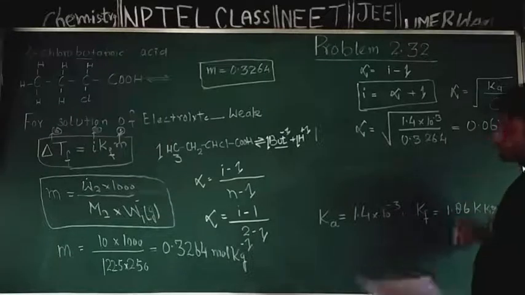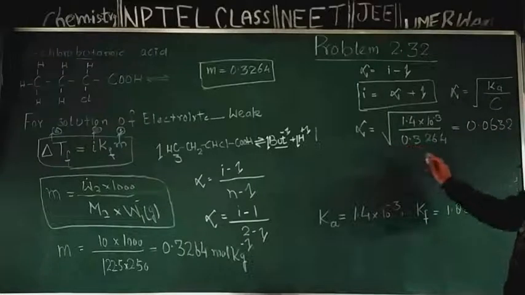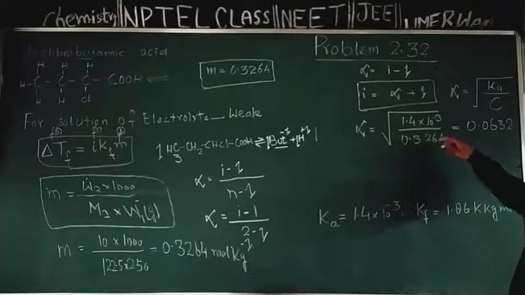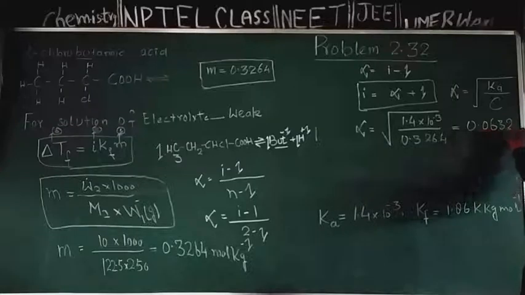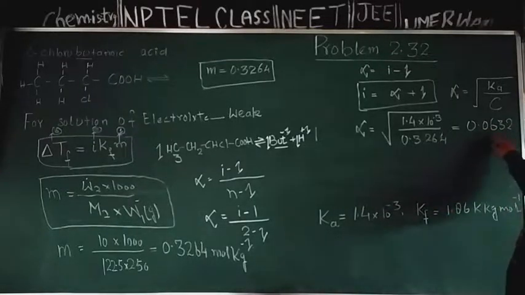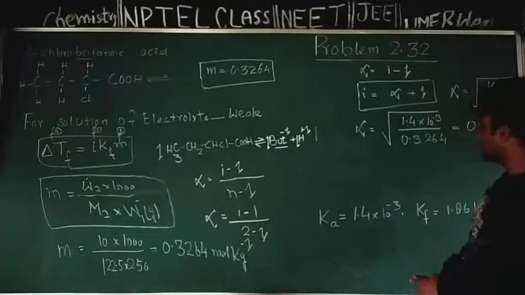0.0632. This is the value of degree of dissociation after calculating this RHS side, in which I need to first divide 1.4 into 10 raised to the power minus 3 by 0.3264, then evaluate its square root, and it comes equal to 0.0632. So degree of dissociation is 0.0632, less than 1, again affirming that it is not a strong electrolyte, it is a weak electrolyte.